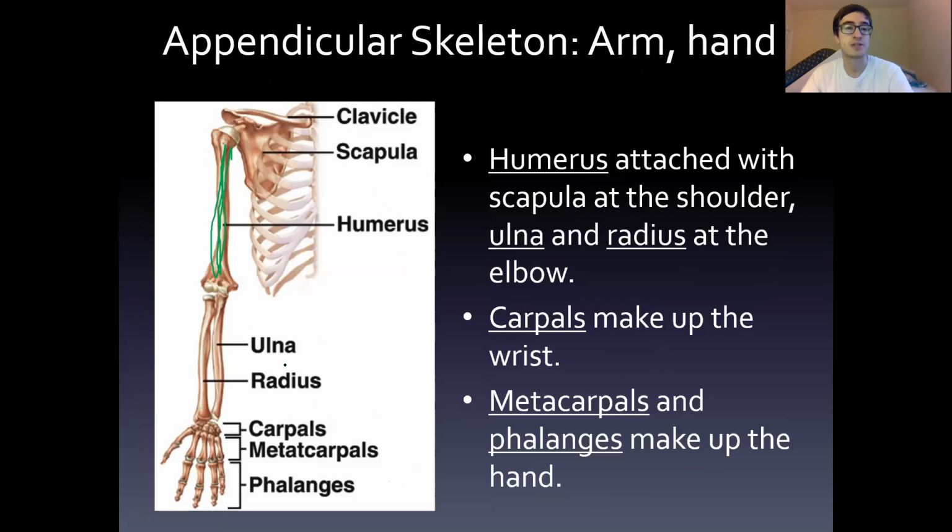And your humerus attaches to 2 smaller bones in your forearm. So the ulna and the radius are what make up your smaller arm. You can always find your radius because it's the one that is connected by your thumb.